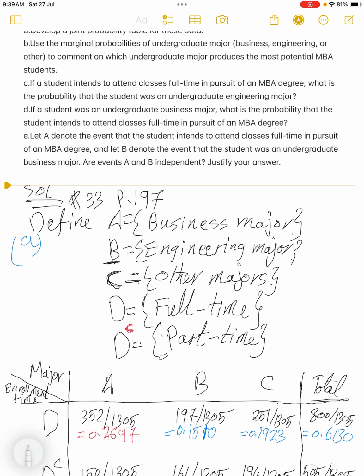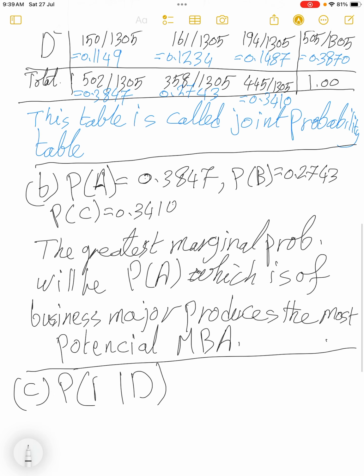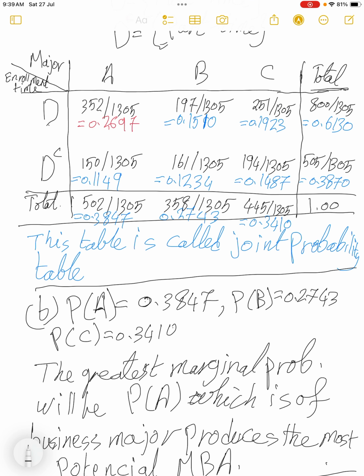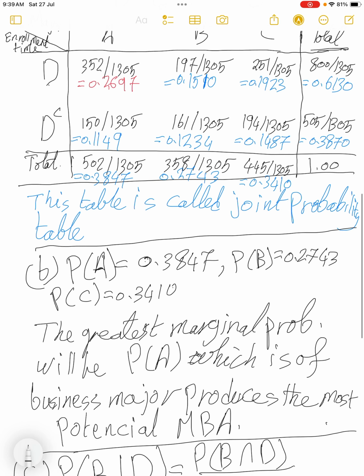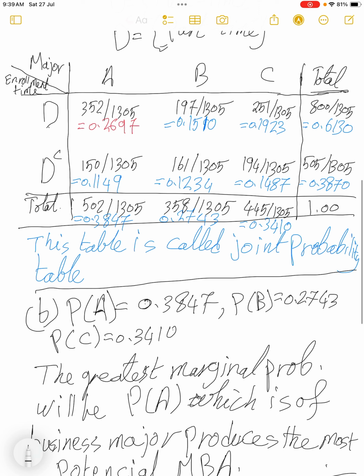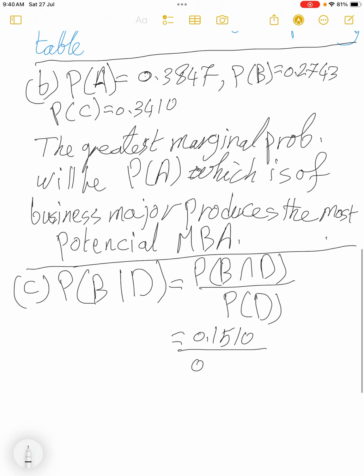Engineering major is B. What is the probability of B given that he is full time, which is the probability of B intersection D divided by the probability of D. I will go back to the joint probability table: B intersection D is 0.151 over the probability of D, which is 0.6130. I will calculate it.